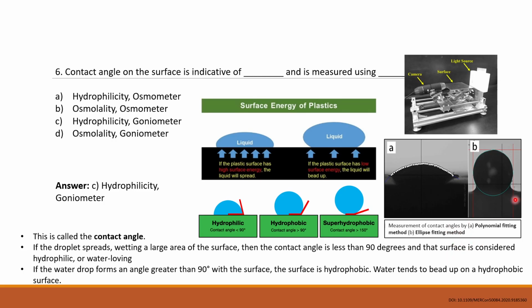Because your angle is not very steep and sharp here, you will use the ellipse fitting model. Here you will use the polynomial fitting method. If you want to know more information about these models or methods, or how this camera works and how the contact angles of liquids are measured, you can visit the paper from where I have taken this information.